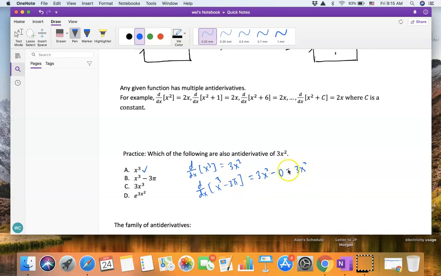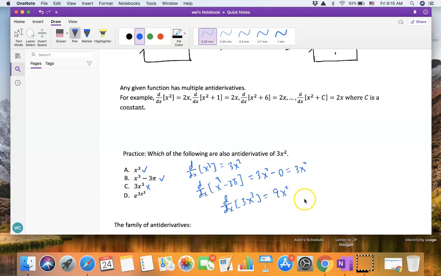So the second function is also an antiderivative of 3x squared. Now, when I take the derivative of 3x to the third, I get 9x squared, which is not equal to 3x squared, so c is not.